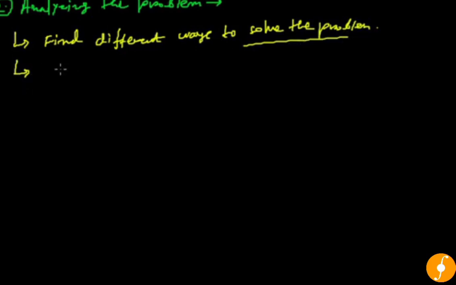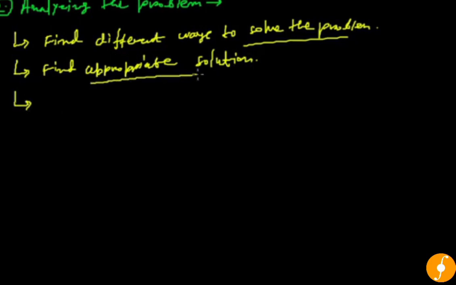Since we have many different ways to solve a problem, analysis means we have to find the appropriate solution. You cannot go ahead with all the solutions. We need only one solution that can totally solve the problem. So we'll find the appropriate solution out of all the various solutions.